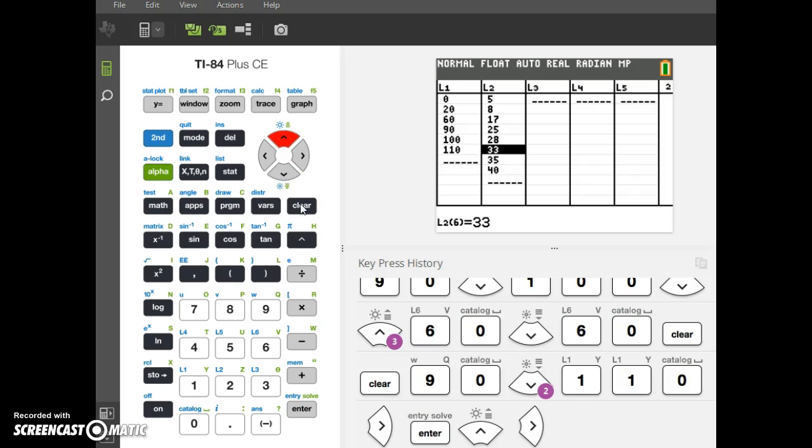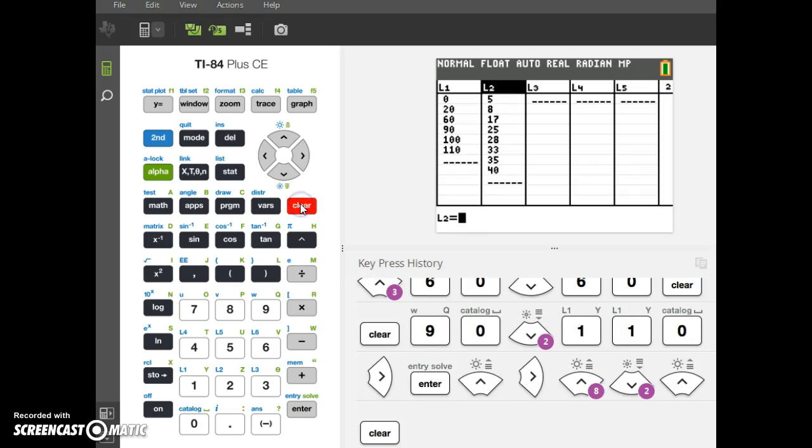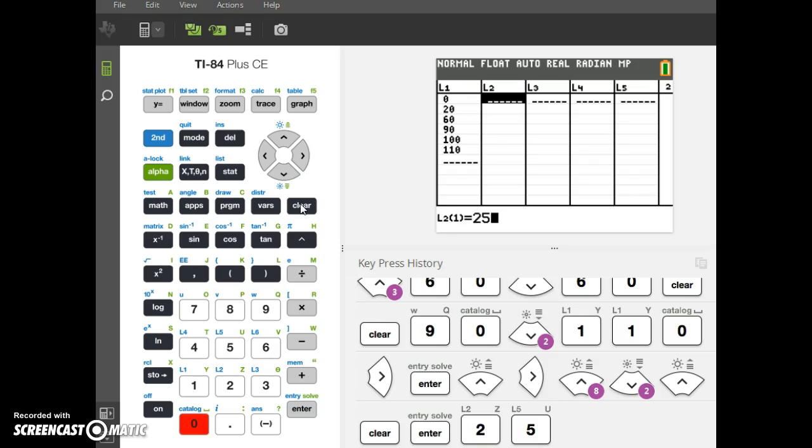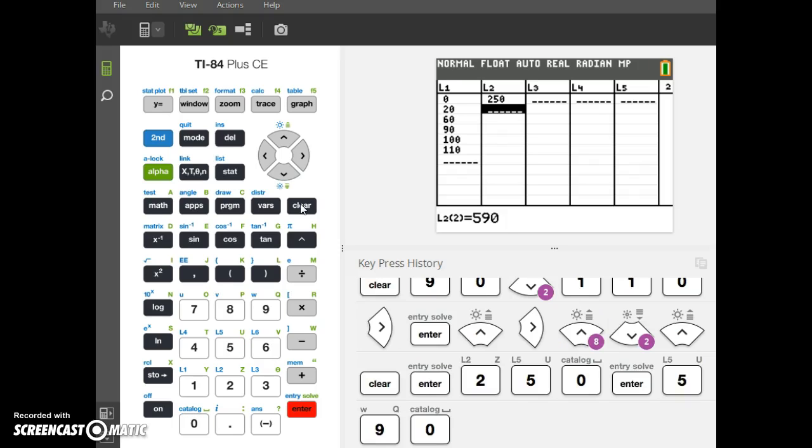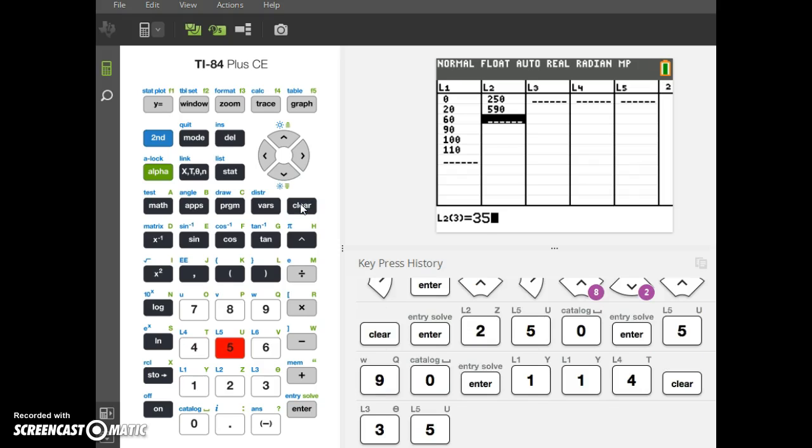Now I'll go over to my Y2 or L2, which is going to be my outputs. And let's see, 250 for 1900, 590 for 1920, 1135.